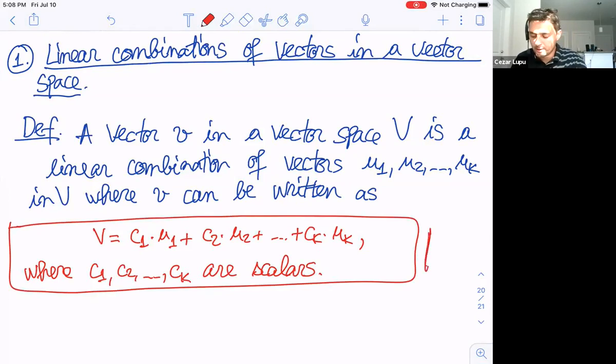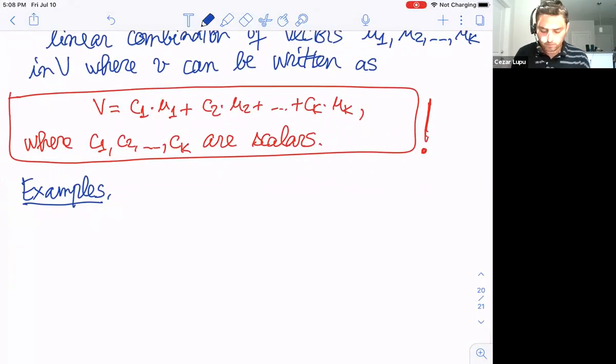Now, when I do a theorem or a definition, I always like to provide some examples. So let's see the first example.